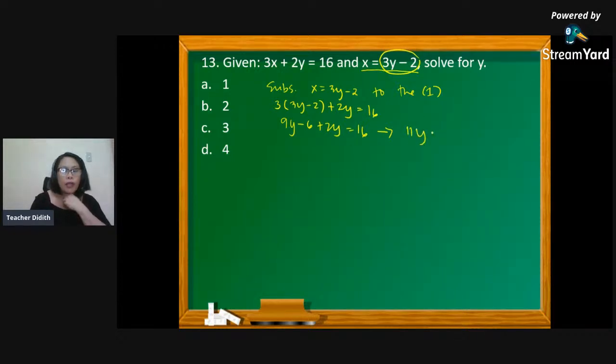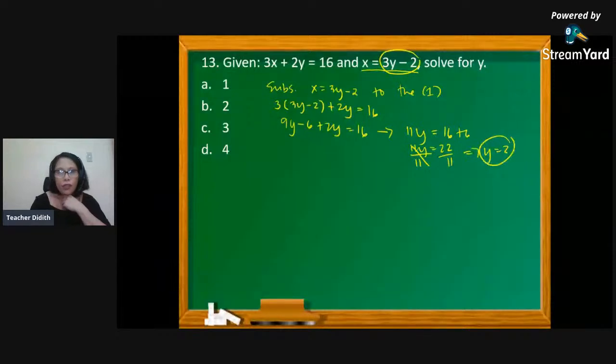So this is 11y equals 16, and then we transpose negative 6 on the other side, so that is plus 6. So this is 11y equals 22. We divide both sides by 11, and y is 2. And your answer is B, and you are correct again.